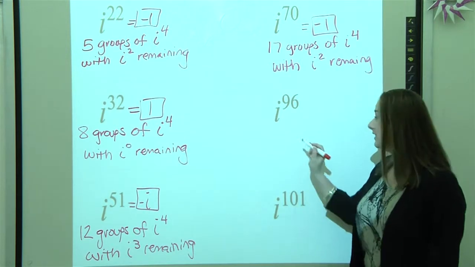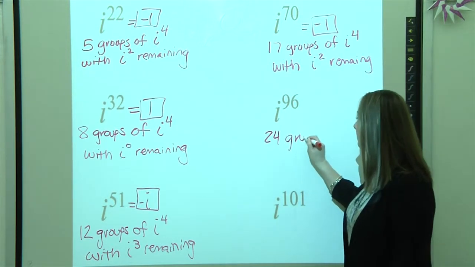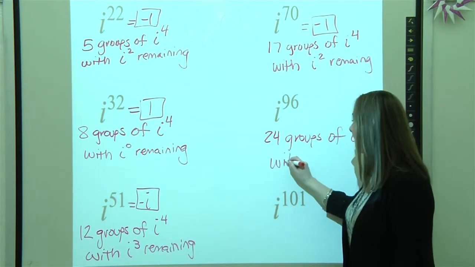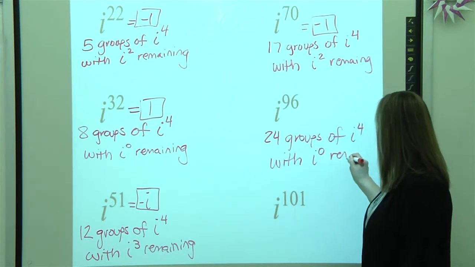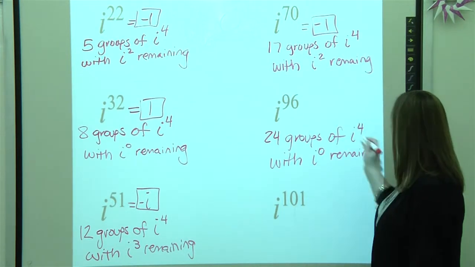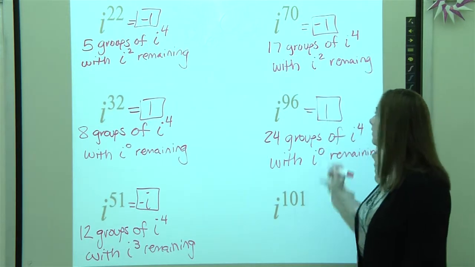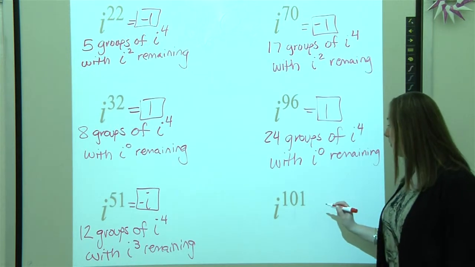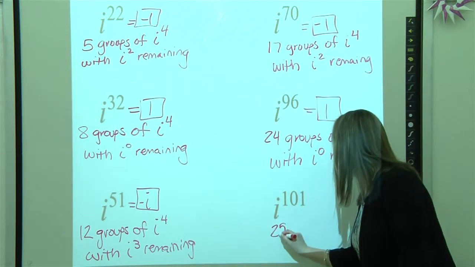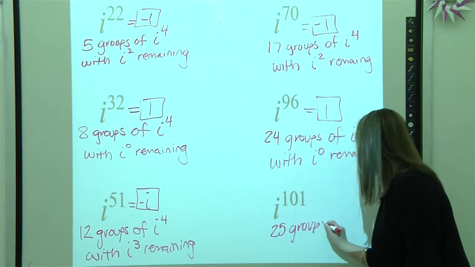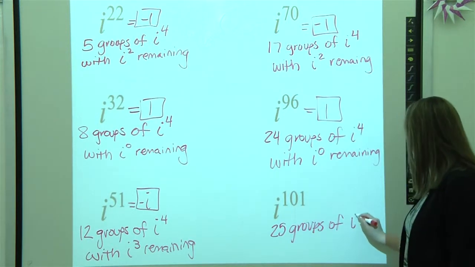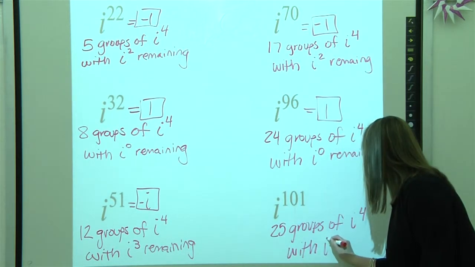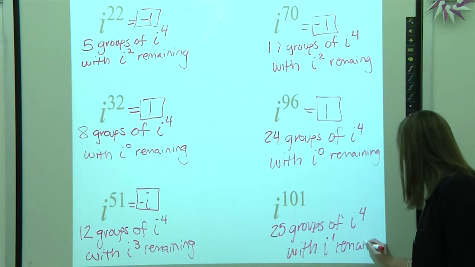For i to the 96th, this is going to be 24 groups of i to the 4th with i to the 0 remaining, which is going to be a value of 1. And our last one, i to the 101st power, is going to be 25 groups of i to the 4th with i to the 1st remaining.